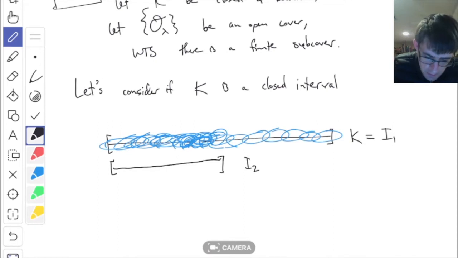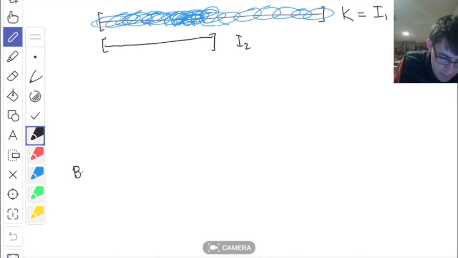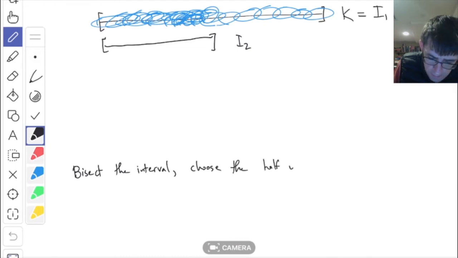And here I'll write down exactly what I'm doing: we bisect the interval each time, cut it in half, and choose the half which uses infinitely many sets in the open cover.